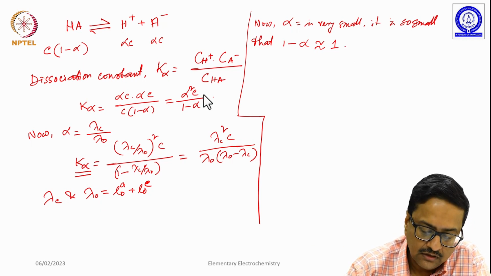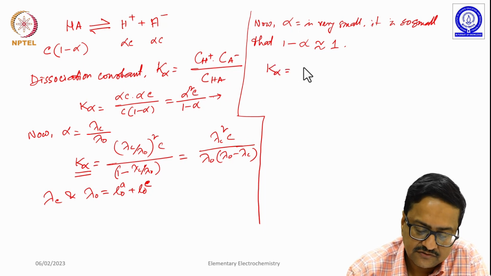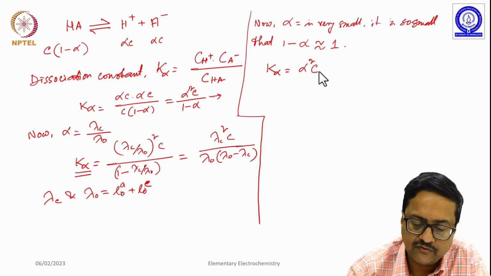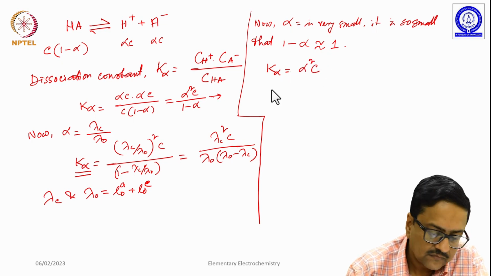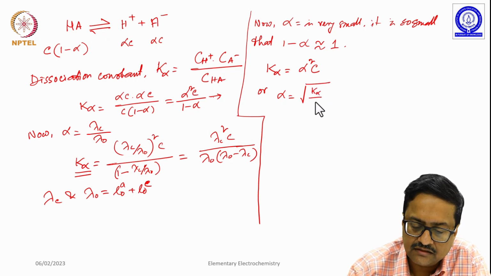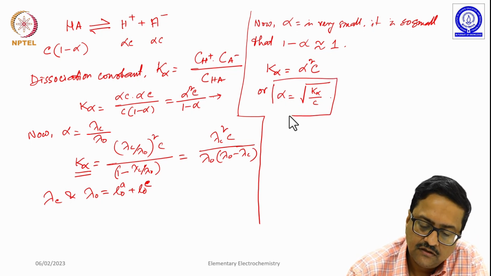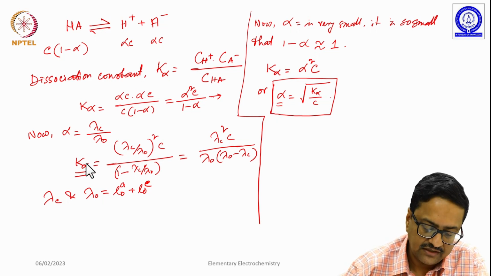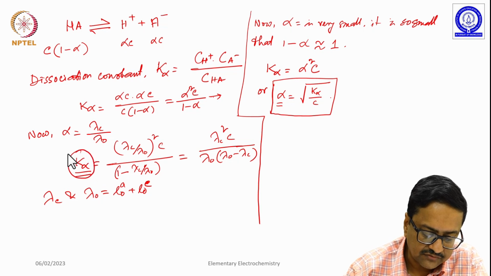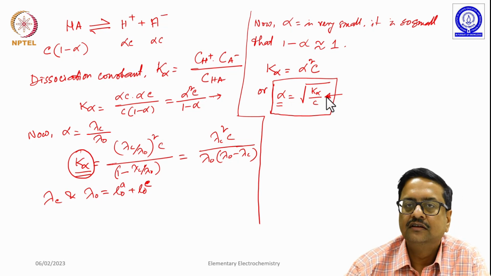So this K alpha can be written as simply alpha squared C, or alpha is nothing but square root of K alpha by C. So one can calculate the value of alpha also by determining the value of K alpha from here and placing it in this equation as usual, right?